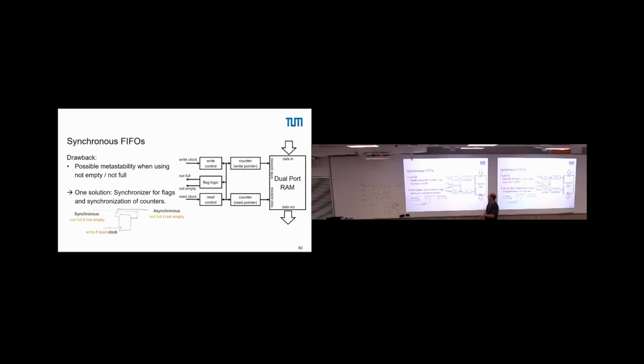Good. There's one other thing that can get asynchronous, which are effectively the counters. So to generate the logic for this full empty signal, we need to compare if this here is larger or equal, right? Because we said, so maybe we write it like something like this.